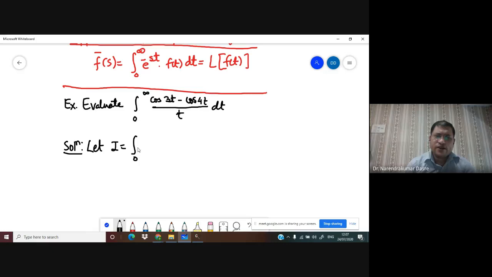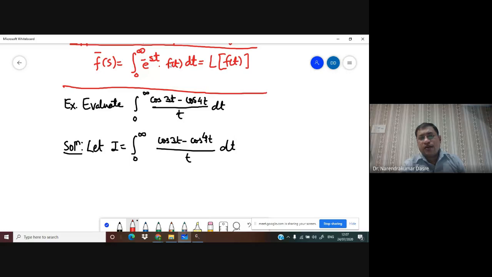So I want to find this integral of cos of 3t minus cos of 4t upon t dt. As I told you, always compare this to the definition.